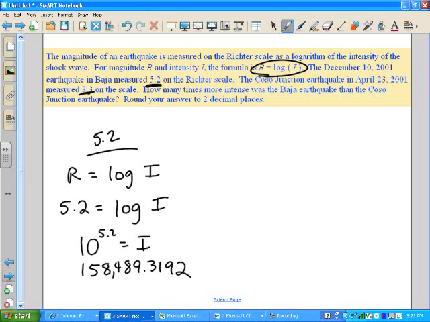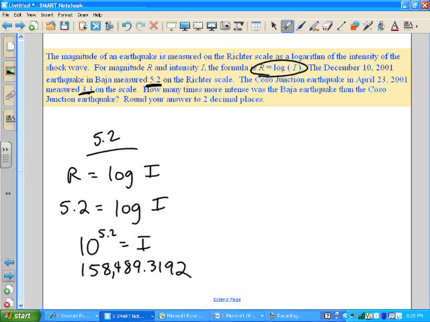Okay, so about 158,489 and then some decimals there. So I'm going to store that value because I'm going to need it later to compare to the other. Okay, now I've got that stored in my calculator.